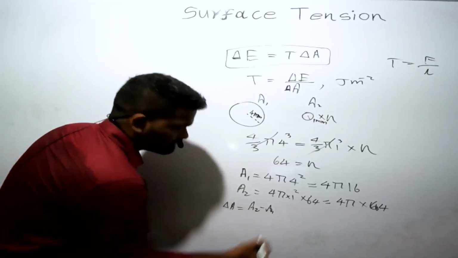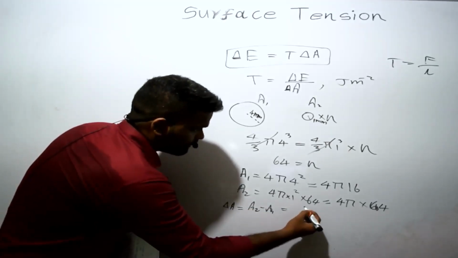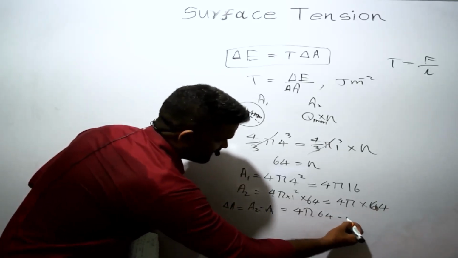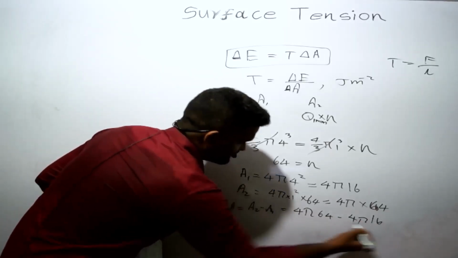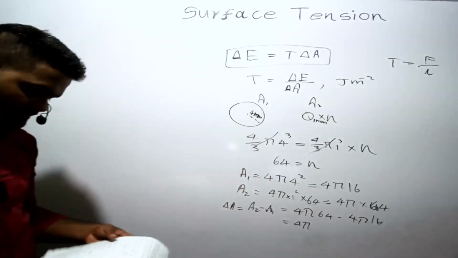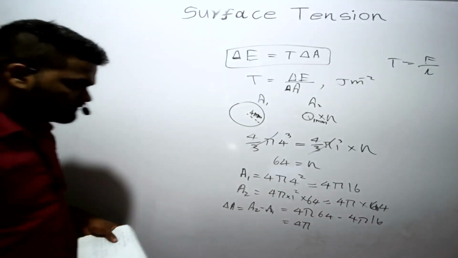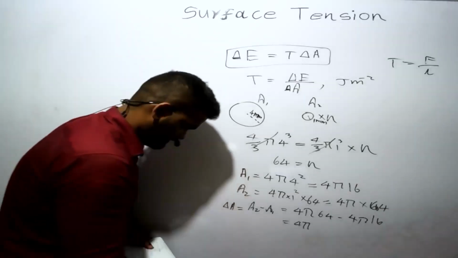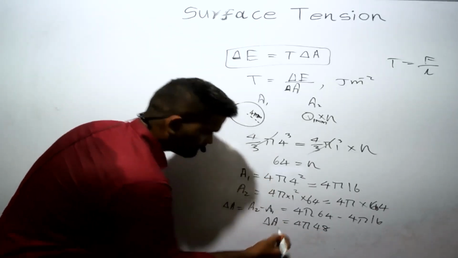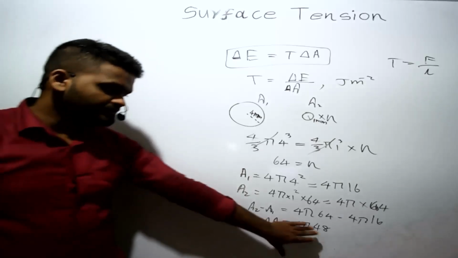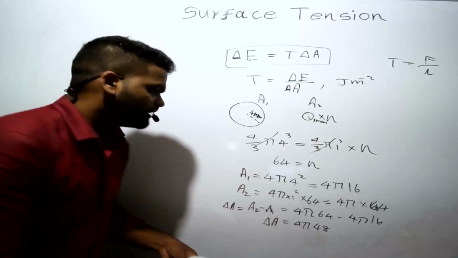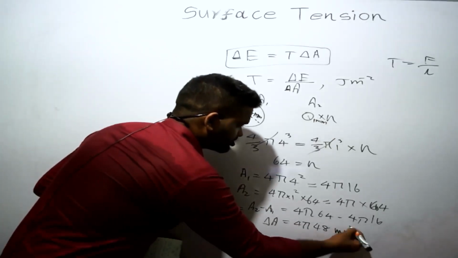A2 minus A1. You have 4 pi 64 minus 4 pi 16. 64 minus 16 is what? 48. So that is the increase of area, in square millimeters.